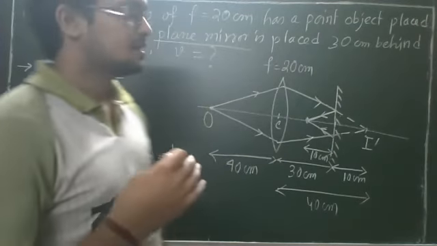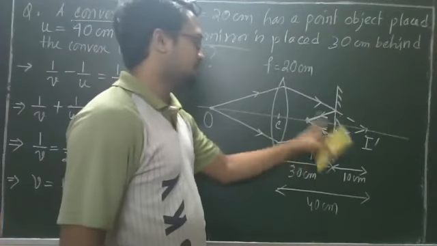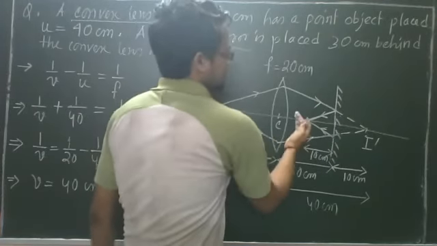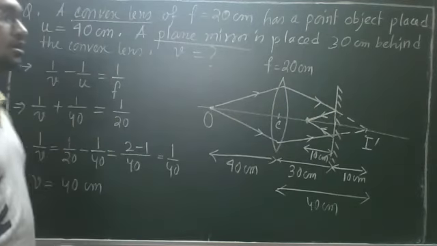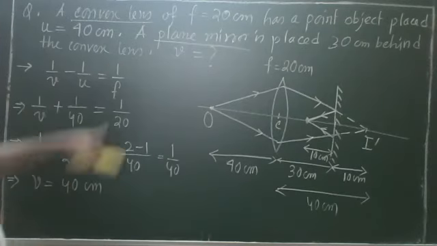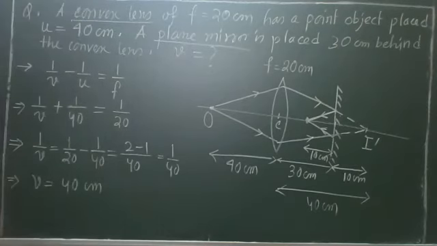Do not write behind the mirror, write in front of the plane mirror. This side is the front of the lens, this side is the front of the mirror. Clear? So this is one numerical related to lens mirror combination. Understand?